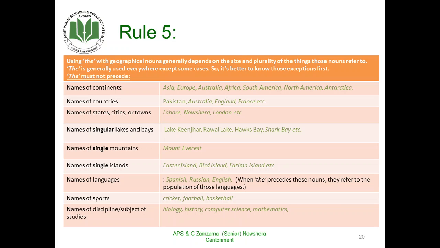Now, come towards rule number 5. Here we are going to learn about the use of "the" with geographical nouns. Generally they depend on the size and plurality of the things those nouns refer to.